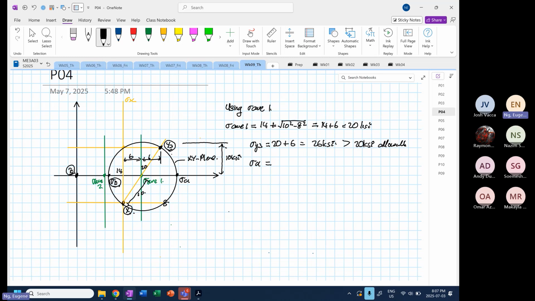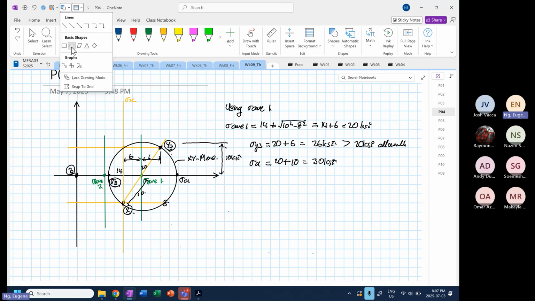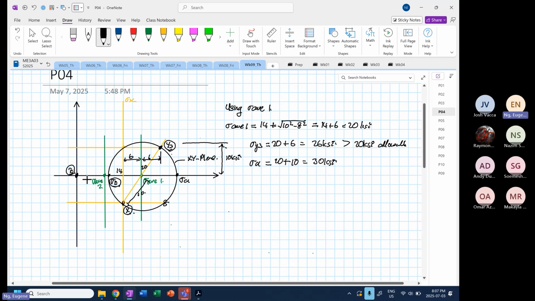Stress A will now be equal to 20 plus 10, which is equal to 30 KSI. When your stress A is 30 KSI, the structure will fail now.